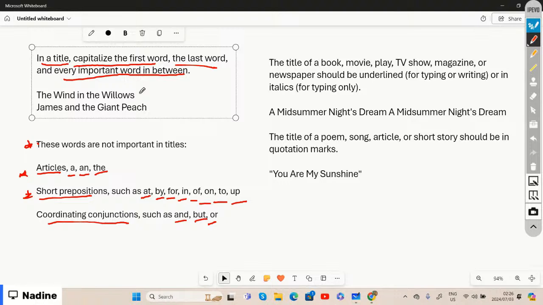So James and the giant peach, which means that giant is important. So we know that the story is either going to be something to do with James, one of the characters, or the focus would be the giant peach.